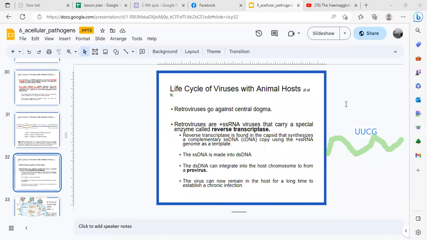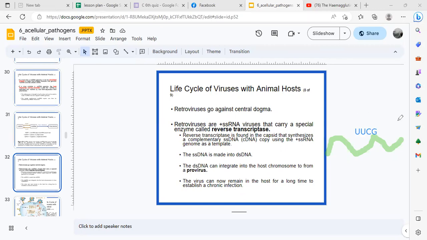So meron kang single-stranded RNA. Tapos gagawa siya ng complementary na DNA lang, no? So pag DNA, wala kang uracil, meron kang thymine, pero pwede mag-pair pa rin dun sa uracil yung complementary base pair.